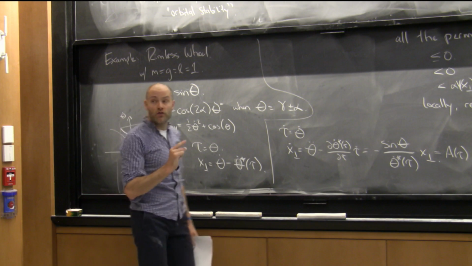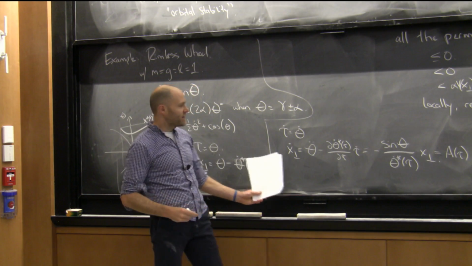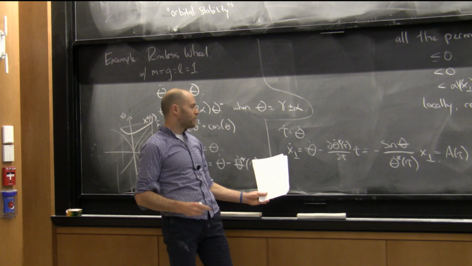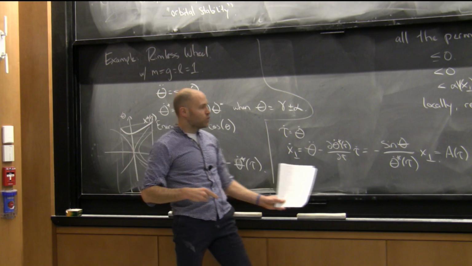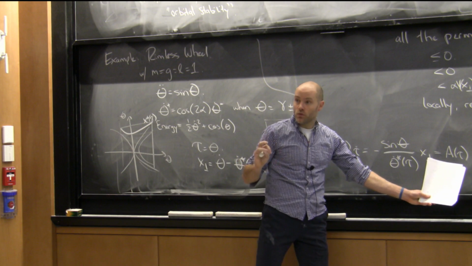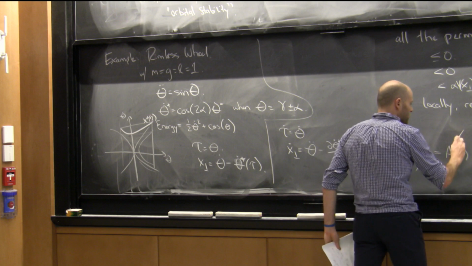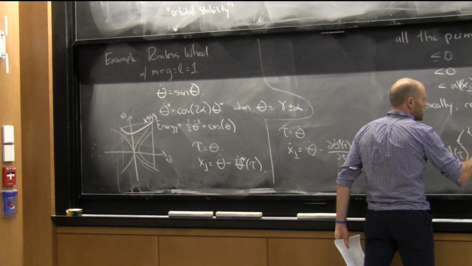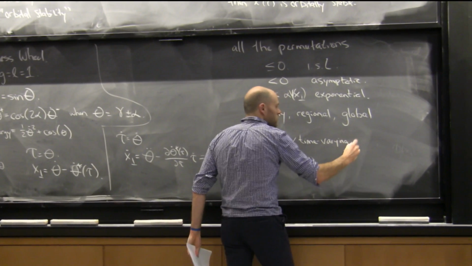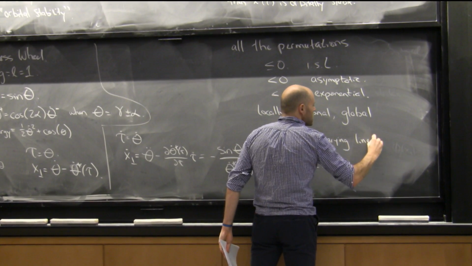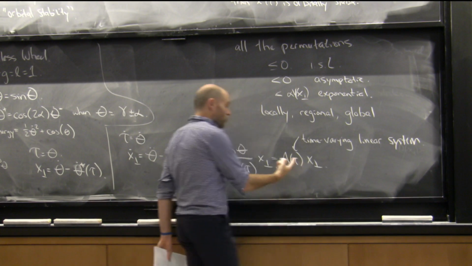All right, so here's a super important point. The dynamics of my transverse coordinates look like a time-varying, if you will, linear system. It just happens that way. You don't normally get that lucky. It's also a scalar.